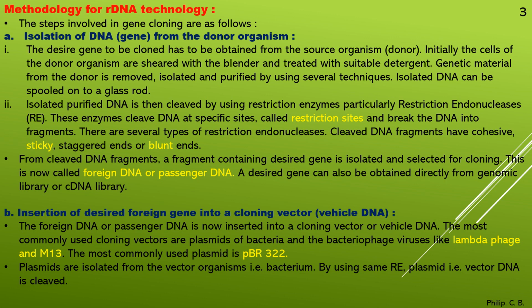The most commonly used one is plasmid pBR322, as we have learned in the previous part of this chapter. Plasmids are isolated from the vector organism, that is a bacterium. Just now, as we saw in the previous slide, the plasmid can be taken from the bacterium, the desired gene is inserted and cloning can be carried out.